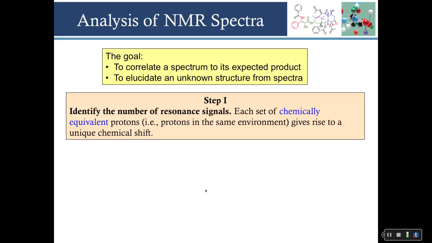So one of those is the number of signals. Each set of chemically equivalent protons will give rise to a chemical shift. It'll give you a signal. So a CH2 group, where both of those hydrogens are chemically equivalent, will give you a single signal. A different CH2 group somewhere else on the molecule will give rise to a second, different, unique chemical shift.